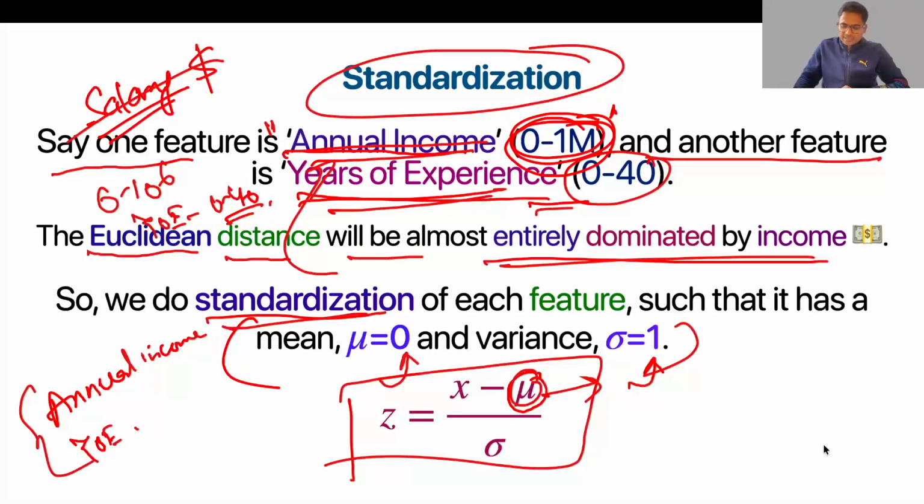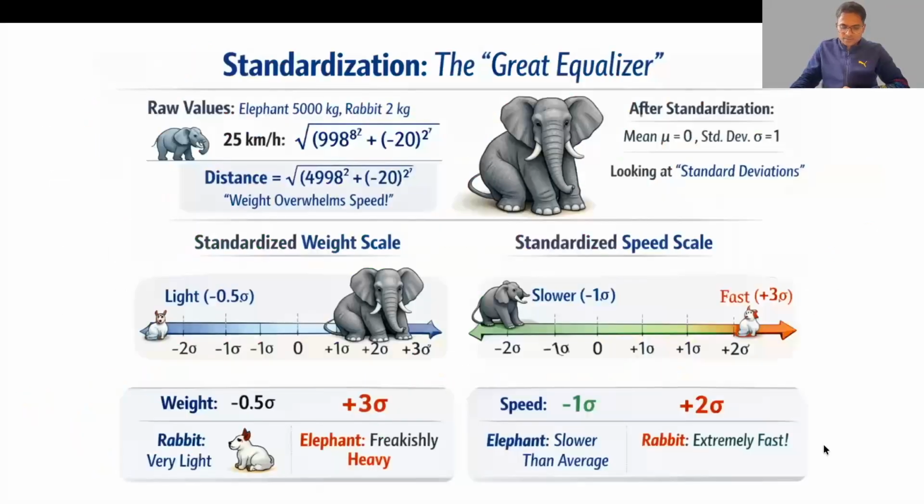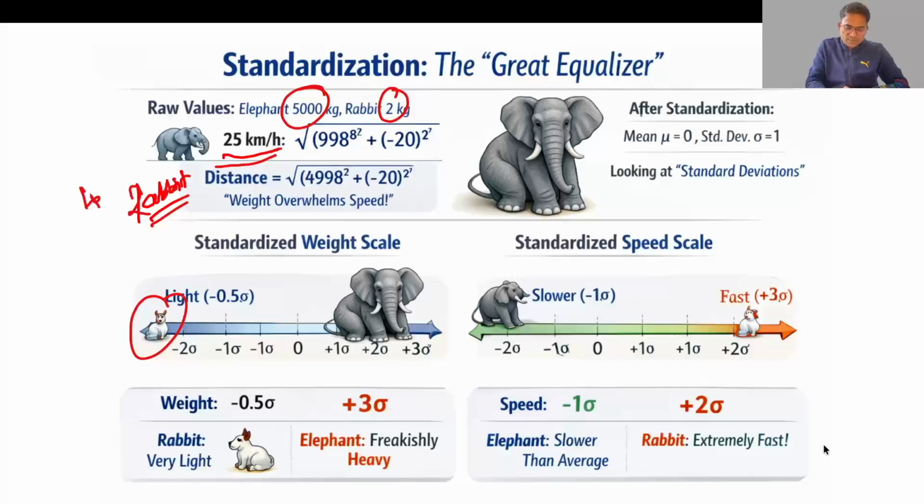Let's see an example and you will understand it. Say for example, we are comparing an elephant and a rabbit. The elephant is 5000 kg and the rabbit is 2 kg, and the elephant's speed is 25 km per hour and the rabbit's speed is 45 km per hour.